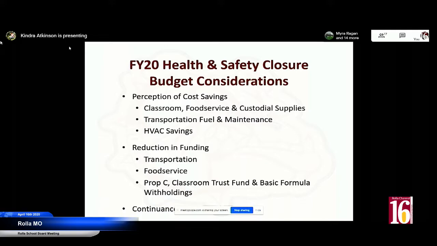And then, of course, we are expecting some basic formula withholdings even before the end of this year. In addition to that, we are fortunate enough that we are continuing to pay all the salaries and benefits to our staff to keep everybody whole throughout this school year. So I'm not sure that we're really going to see a cost savings overall, but I just kind of wanted to address that.